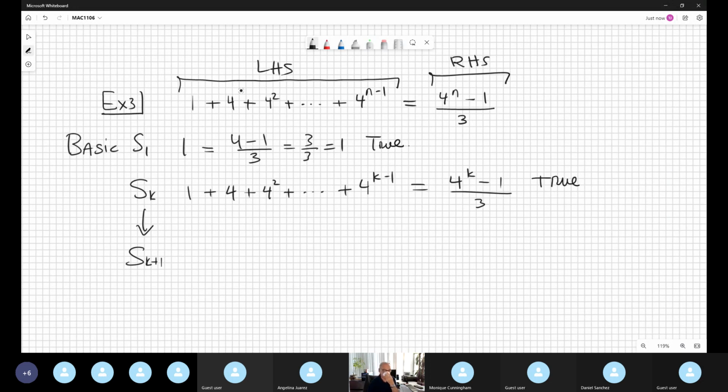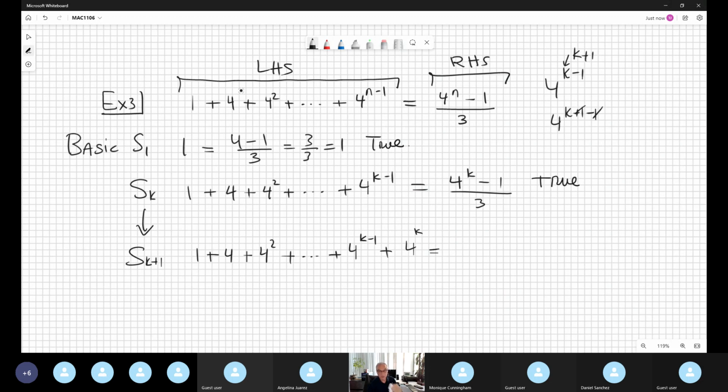Let me try. It's 1 plus 4 squared plus, up to 4 to the k minus 1. Just bring down that part, but include one extra, which is k plus 1. Then 4 to the k, I suppose, because in 4 to the k minus 1, if you replace k for k plus 1, it's obvious that we have 4 to the k plus 1 minus 1, which is 4 to the k. Cool.